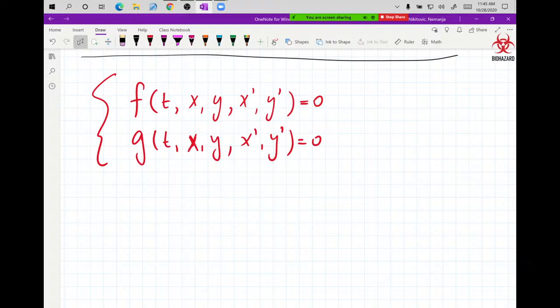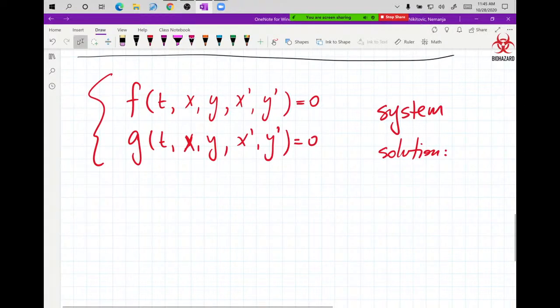So now, when we have the system of equations, we are looking for the solution of the form x of t and y of t. Those will be two separate functions which, working together, would both satisfy the system when you plug them in.